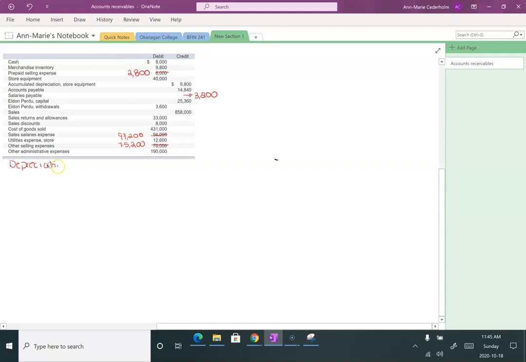Depreciation expense, and that is $2,500. And then my accumulated depreciation, if it was originally $9,800 and we add $2,500 to that, then now that's $12,300.